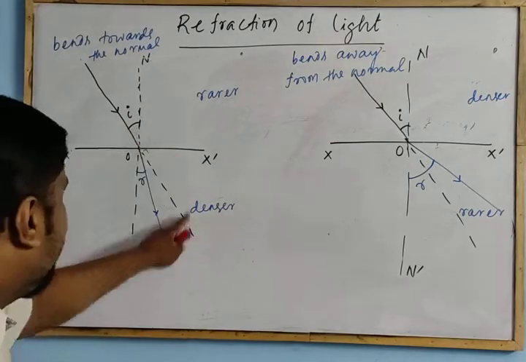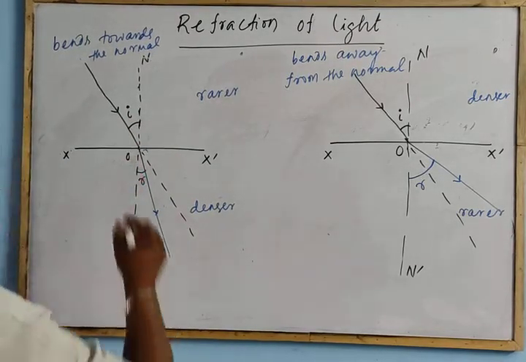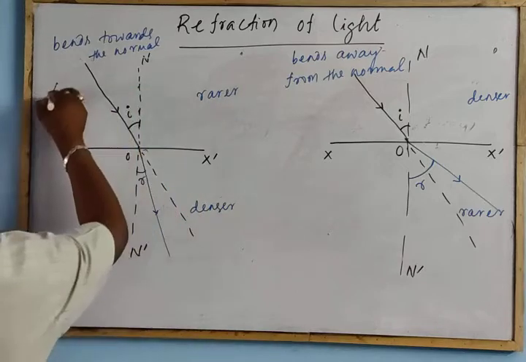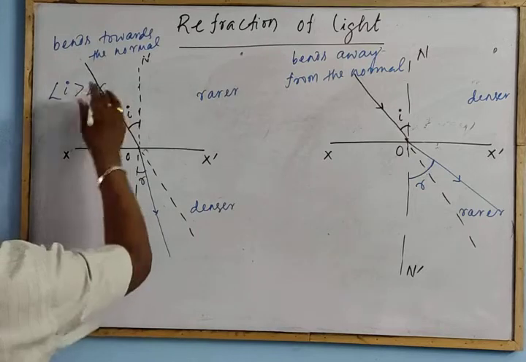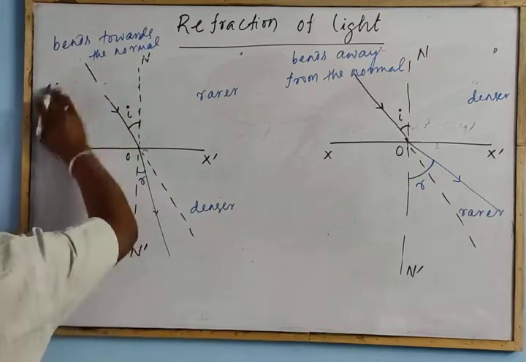When the ray is traveling from rarer to denser, in this case the angle of incidence is greater than the angle of refraction, isn't it?